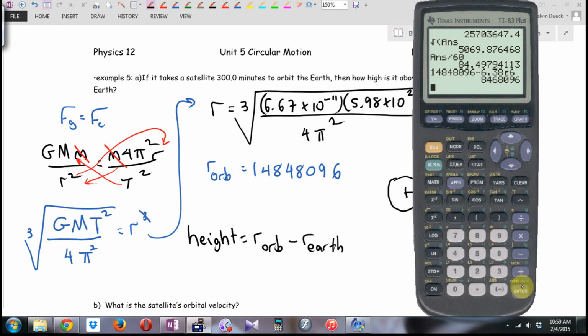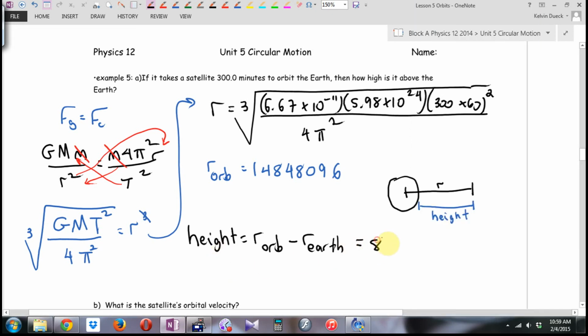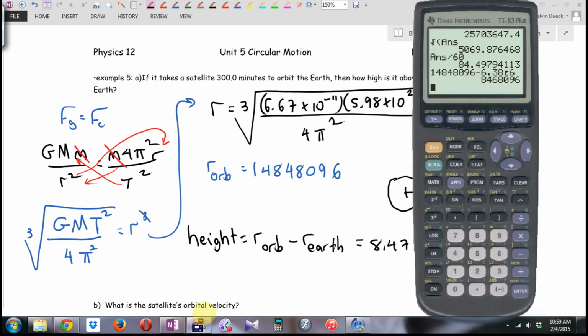And that satellite would have to orbit 8.47 times 10 to the 6th meters above the Earth, or if you wanted to, divide by 1,000. It's orbiting at about 8,500 kilometers above the Earth, just shy.